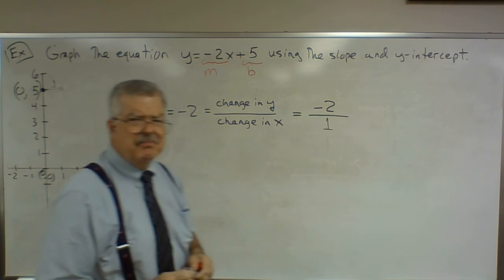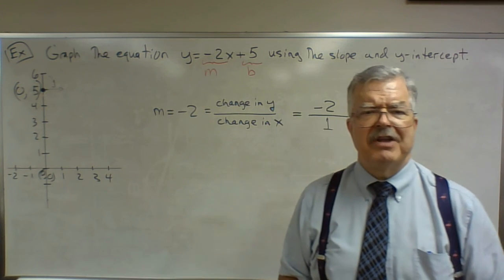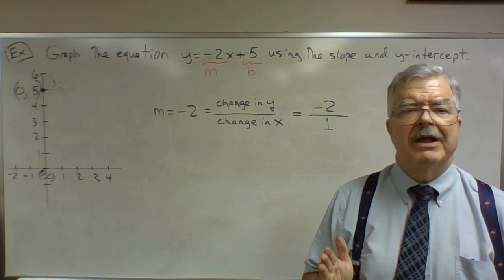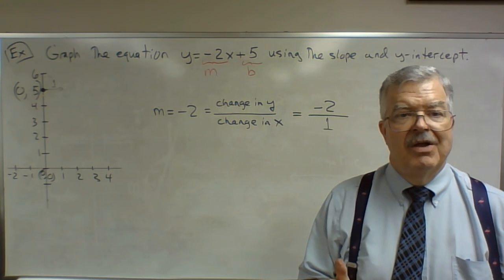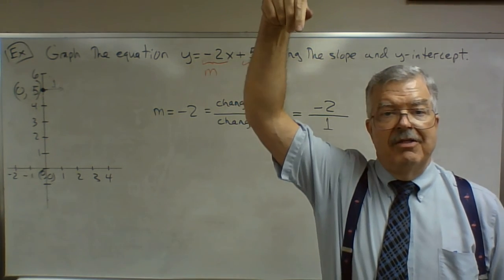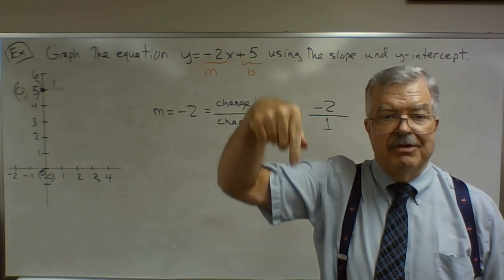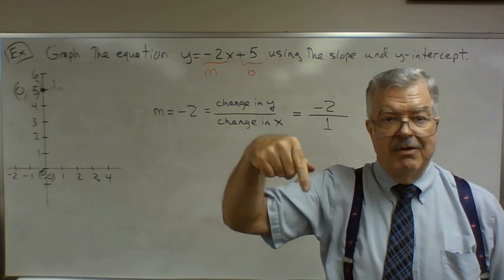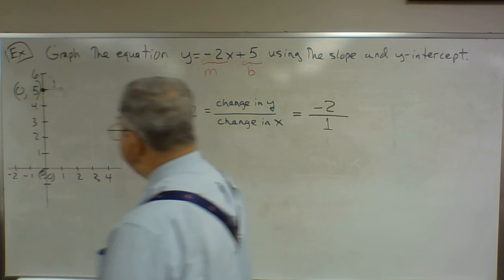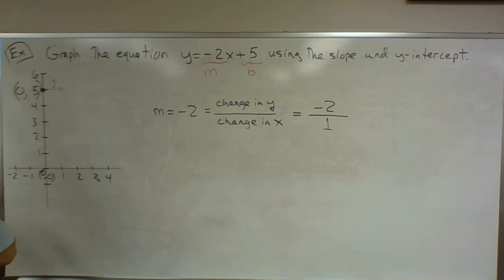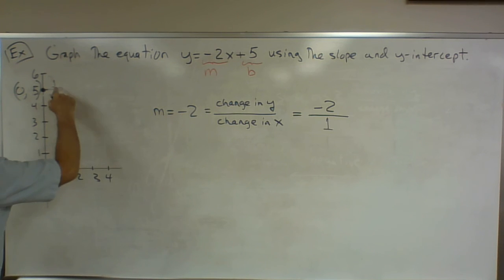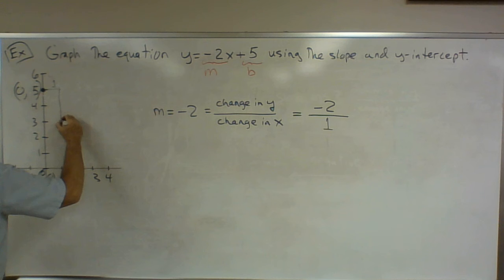Well, how do we draw a change in the y-coordinate of -2? Remember, vertically, the negative direction goes from top to bottom, going down. So if we go -2 units in the y direction, we're going down like this. 1, 2.